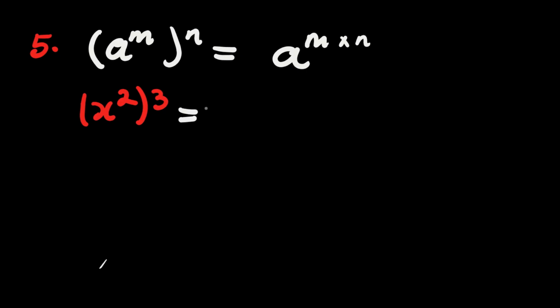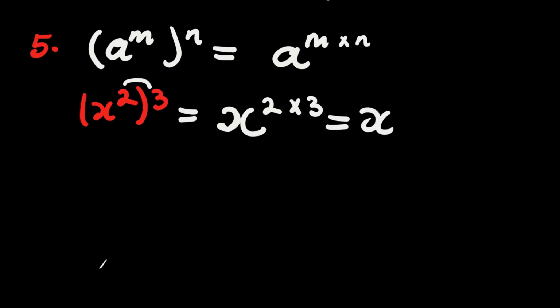So according to the law here, both the exponents 2 and 3 would have to be multiplied together, but we keep the base as x, then 2 times 3. Then this will equal 6. This is what the fifth law means.